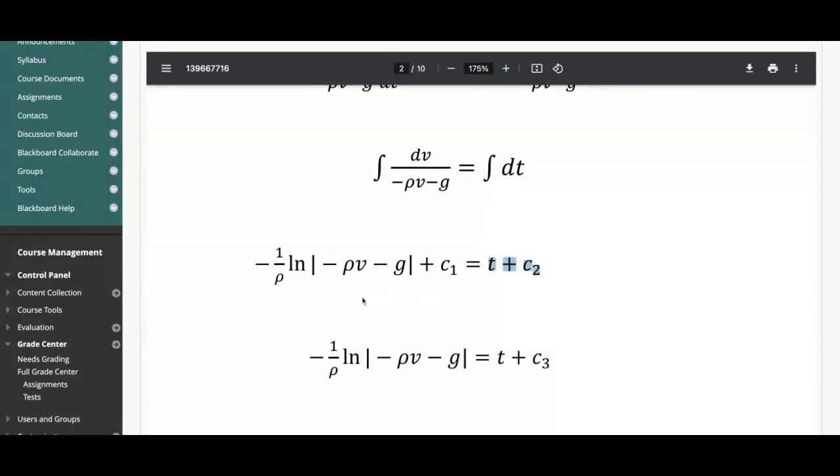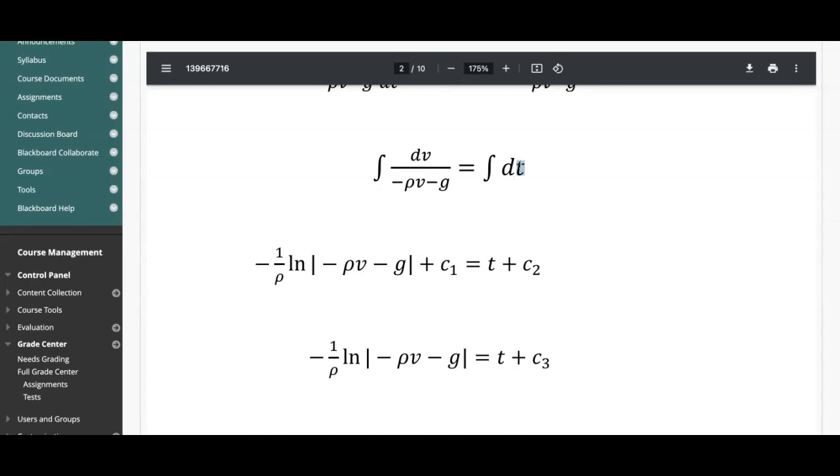Well, the right-hand side is easy. The left-hand side needs a little bit of work. Rho is a constant. On the left-hand side, what's our variable? Our variable is v.